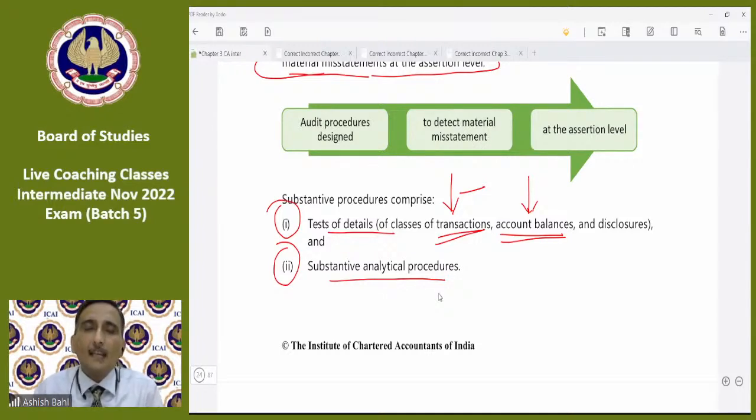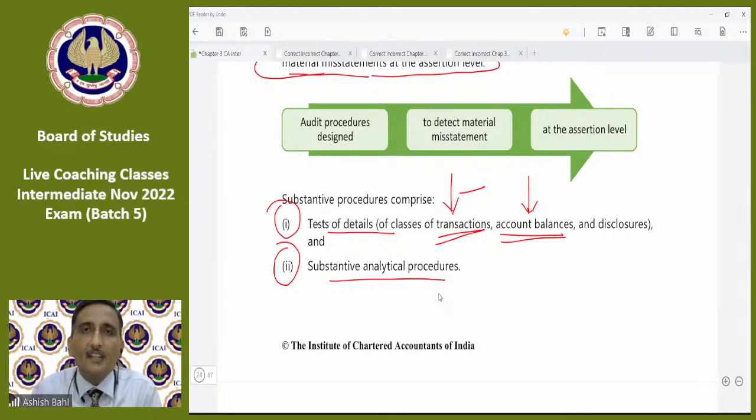So analytical procedures, students, we had discussed, are the procedures which evaluate financial information by studying the plausible relationship between financial data and non-financial data.